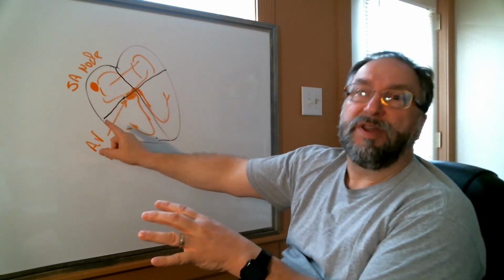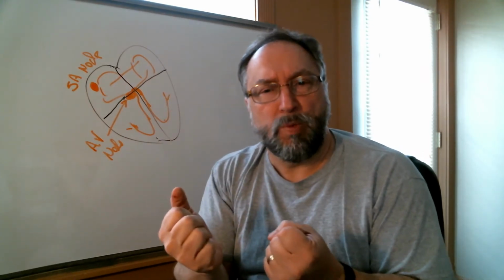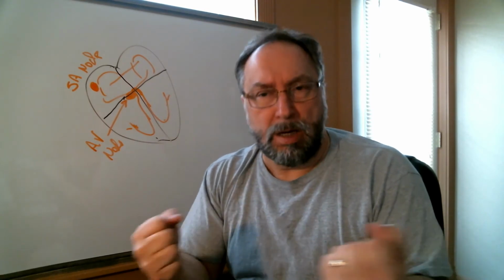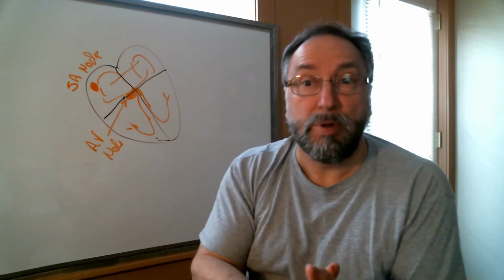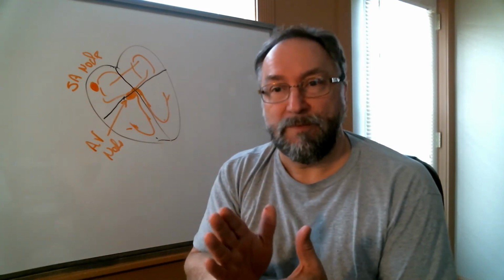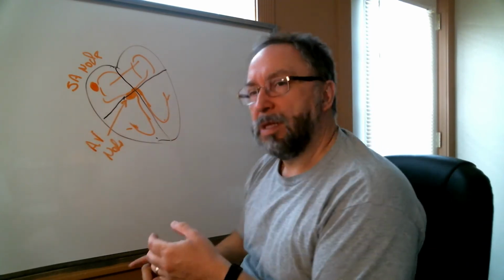These aren't nerves. These are conduction pathways. What that means is they are some of the myocardial cells that receive and transmit electrical impulses much more readily than the other ones. And so the impulses tend to follow that. But an impulse can actually be generated or follow through in any of these myocardial cells. But these are the pathways that they prefer to follow.